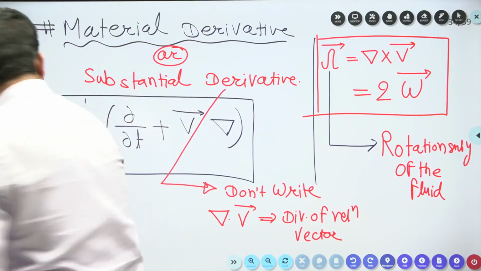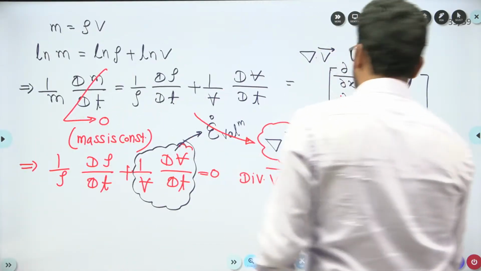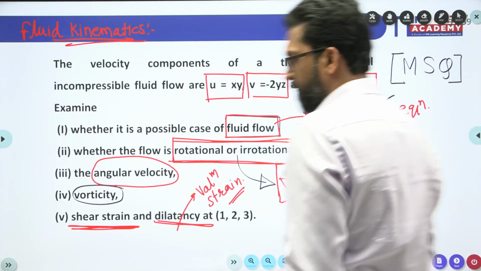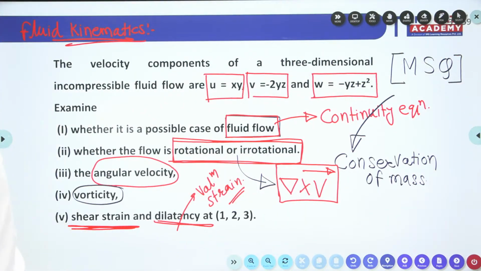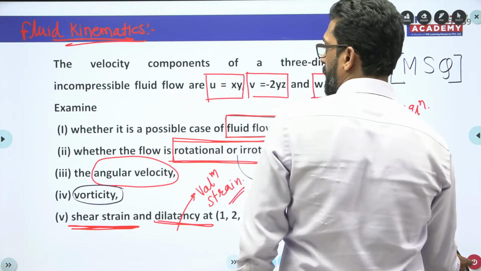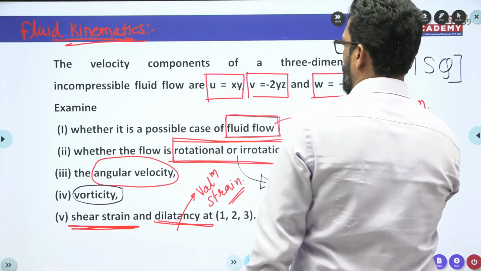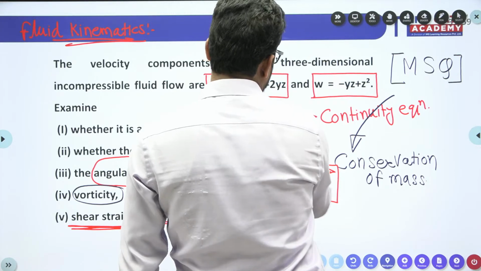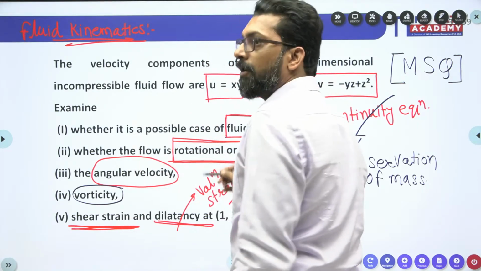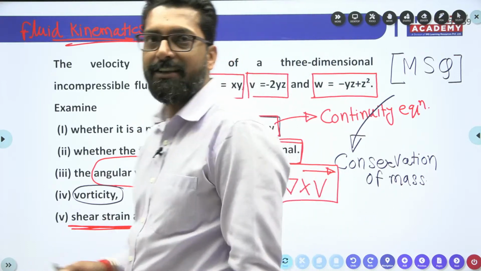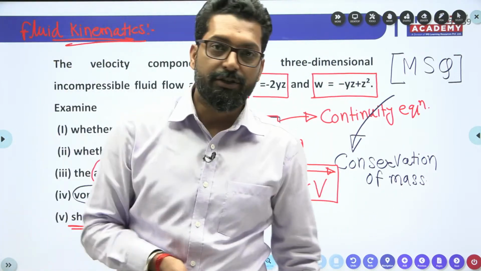Okay. So this problem you may write. Solve this problem, beta. Solve this one. So this is the continuity equation. Just find dou u by dou x, dou v by dou y, dou omega by dou z. Add these, and check whether this is 0 or not.